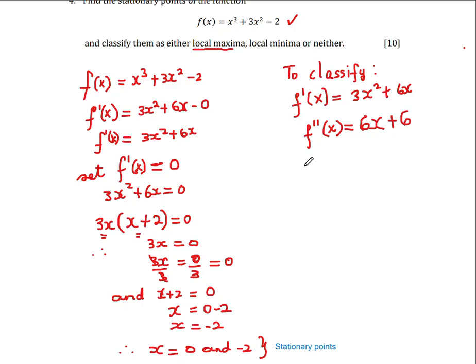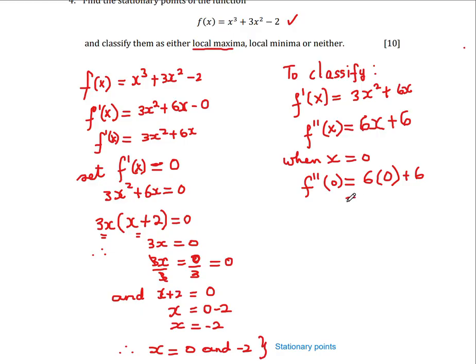And what we're going to do now is evaluate the second derivative for each of these stationary points. So therefore, when x is equal to 0, what would the second derivative be? F double prime of 0 would be equal to 6 multiplied by the value of x, which is 0, plus 6.